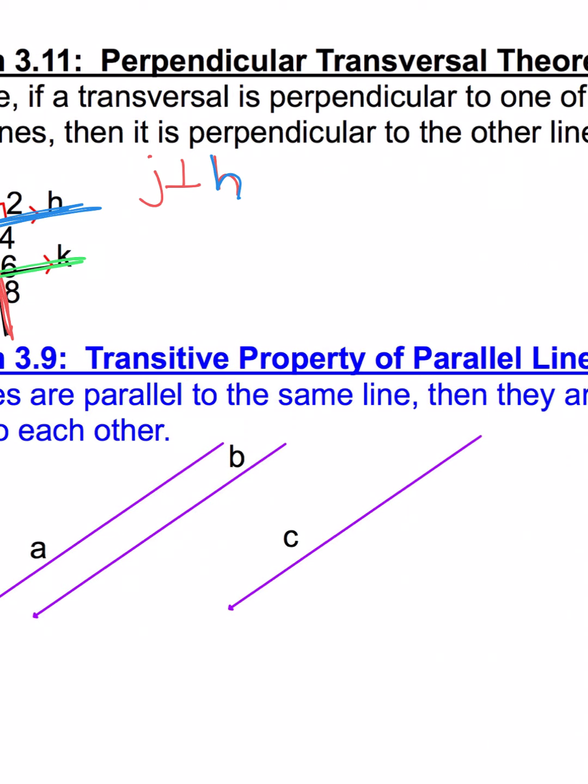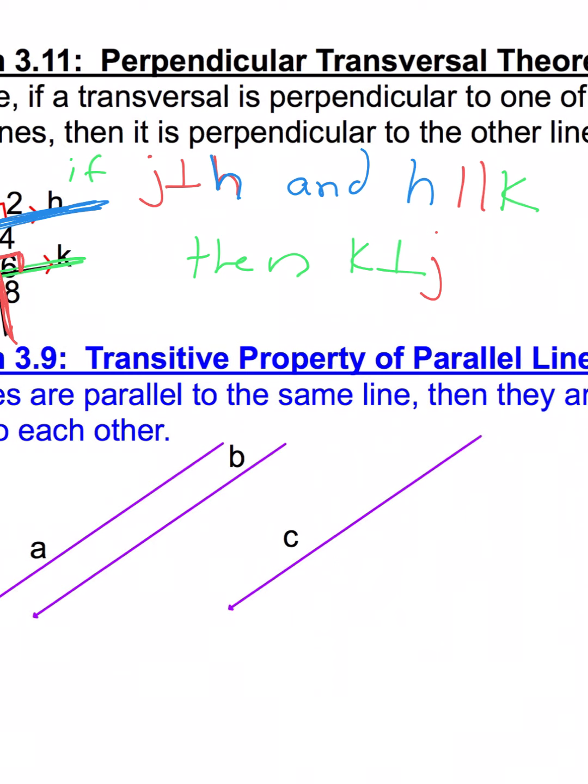Okay, so we already have that H and K are parallel to each other. This theorem is saying if J is perpendicular to H, and of course we have the fact that H is parallel to K, then we automatically know that K is going to be perpendicular to J. So it's basically saying that this angle is also a right angle, which totally makes sense.